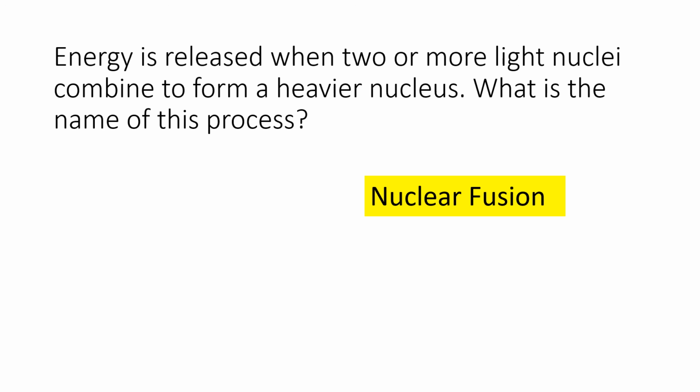So basically, both nuclear fission and nuclear fusion release energy, right? However, nuclear fission is the splitting of a heavy nucleus into two lighter nuclei, whereas nuclear fusion is the combining of two light nuclei to form a heavier nucleus.